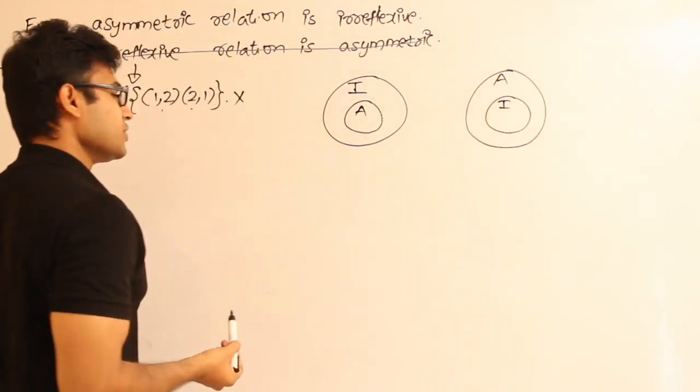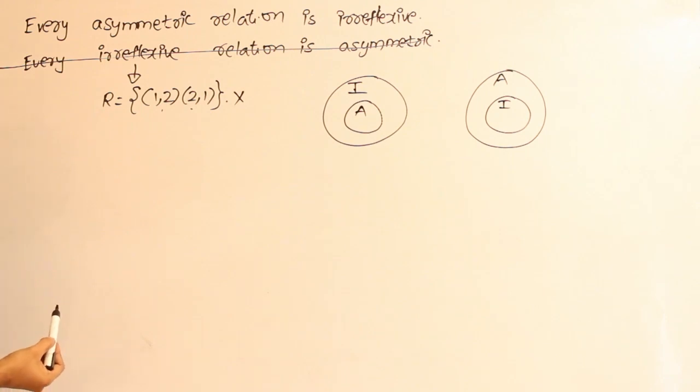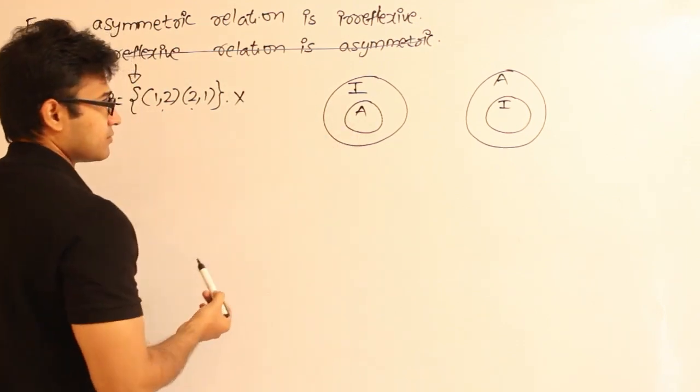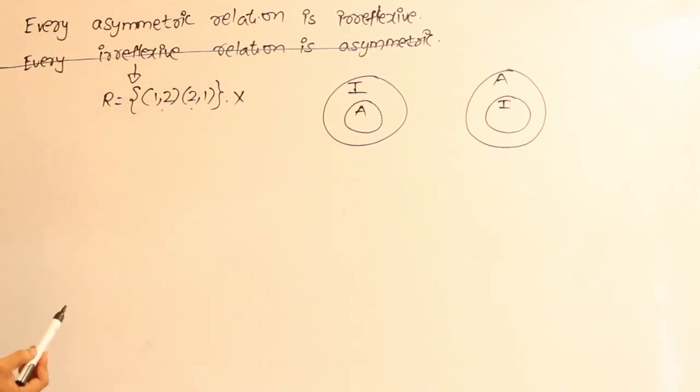We don't know which one is right. The reason is simple: from this statement I know that one set is properly included in the other set, and most of you will think that since every asymmetric relation is irreflexive, maybe this is right.